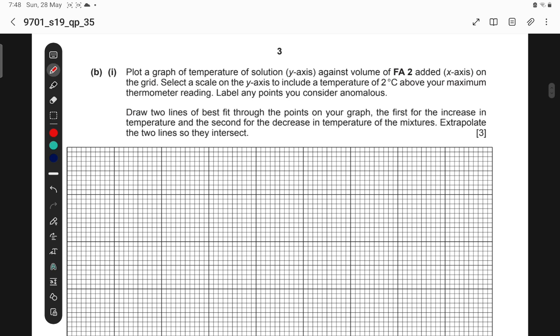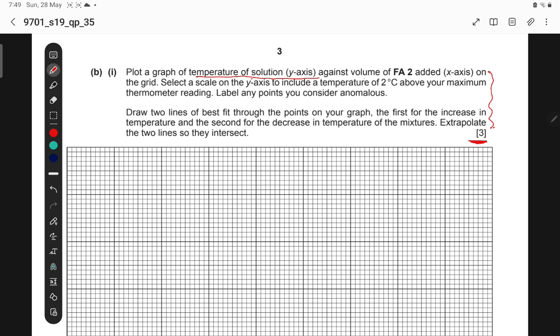Now plot a graph. It is very important to read these instructions, because if you want to get these 3 marks, then read these instructions very carefully. Plot a graph of temperature of solution on the y-axis against volume of FA2.